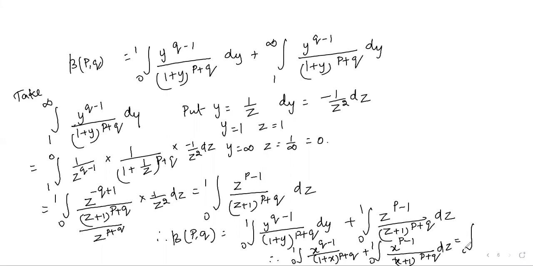So which is nothing but integral 0 to 1 x power p minus 1 plus x power q minus 1 divided by 1 plus x power p plus q into dx. So this is the value of the above integral. So you can solve this with the help of the beta function. The definition of the beta function will help us to solve this.